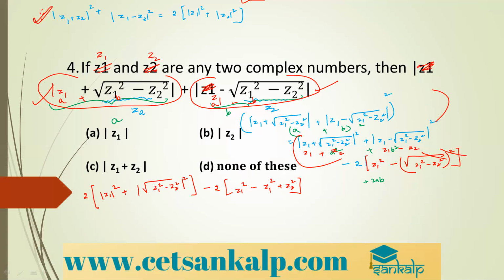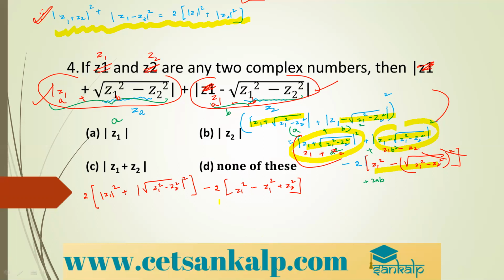So remember what formula I am using here. What formula I am using? A plus B whole square, A square plus B square plus 2AB. After that, for this Z1 plus Z2 square plus Z1 minus Z2 square, I am using the formula which I wrote here: 2 into Z1 square plus Z2 square.